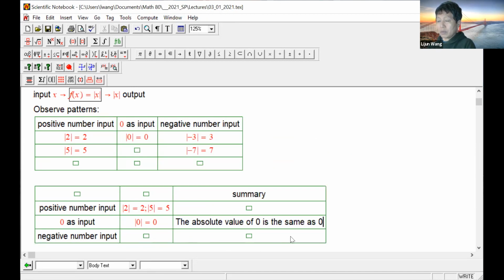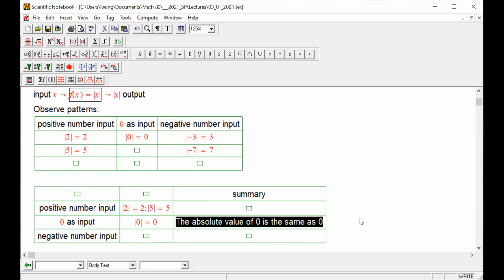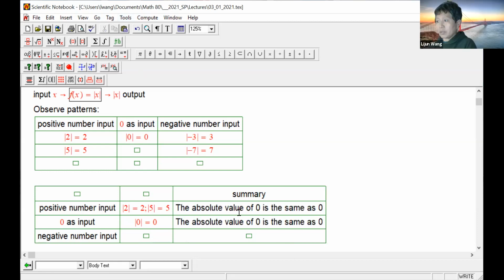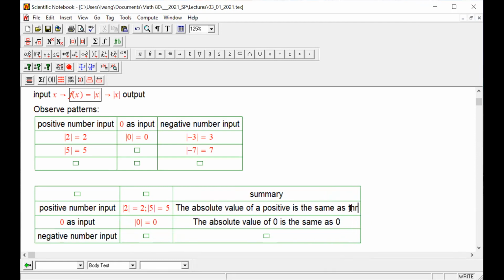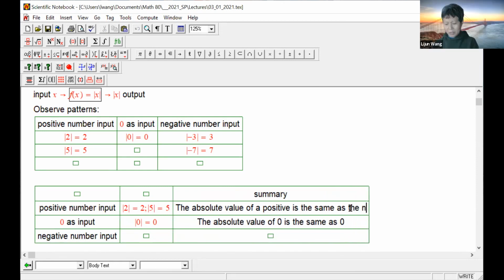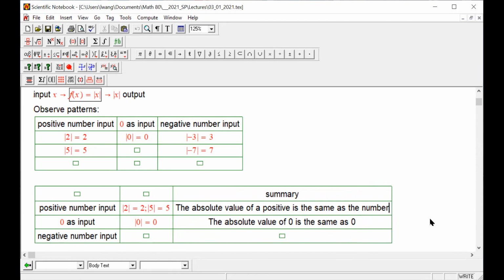Yes. And then how about the positive number? The absolute value of a positive number is the same as the number, yeah? Yes. We didn't do this before, did we? No, we didn't. Okay. Sometimes I wasn't sure.